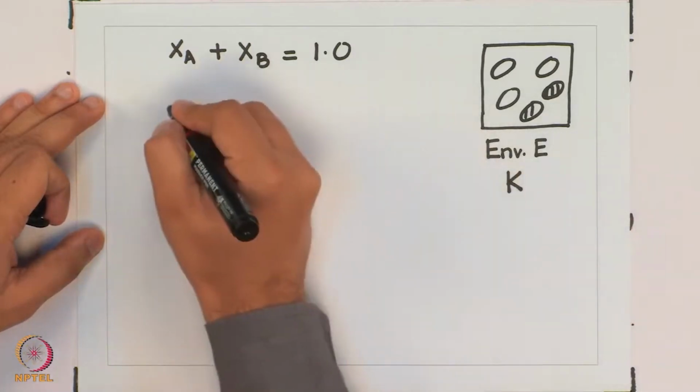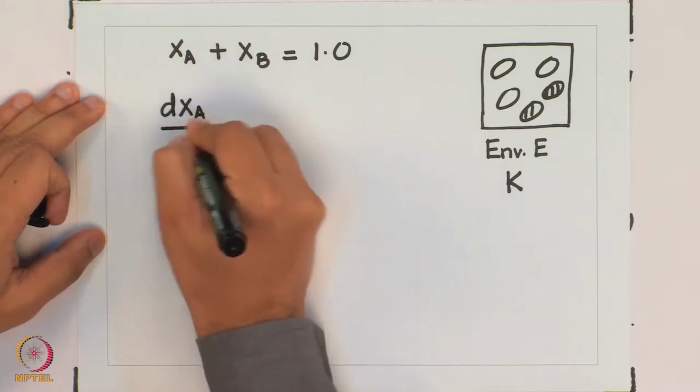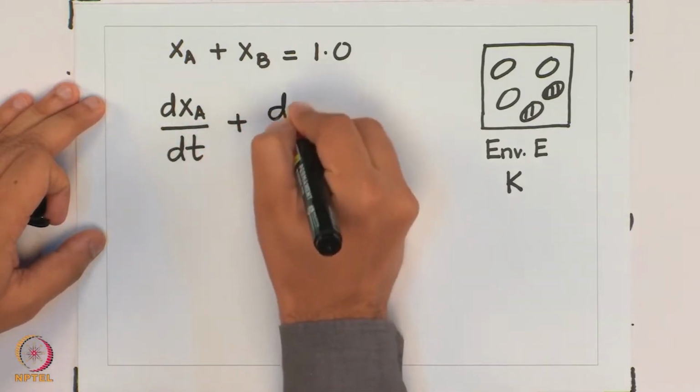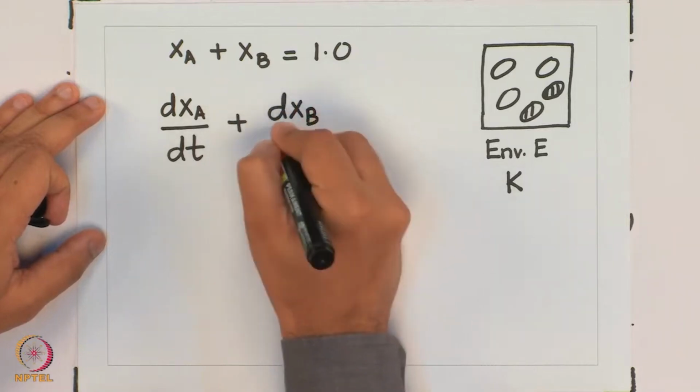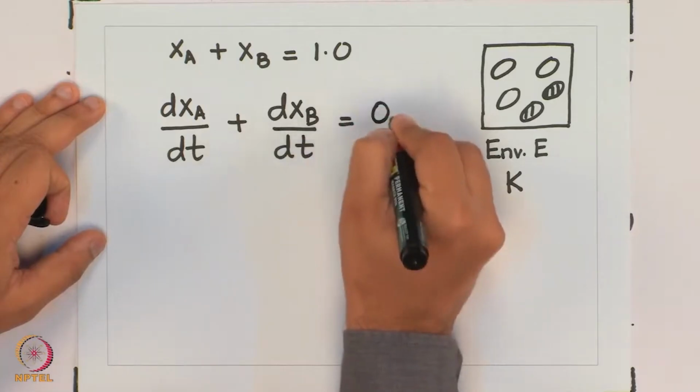And then we differentiated this equation to get the result dx_A/dt plus dx_B/dt equals 0.